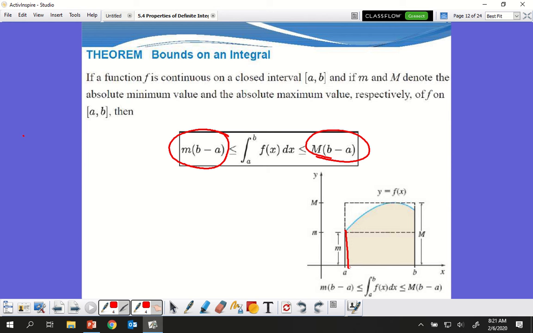So what I would do is, let's say it's this spot right here. It would be f of a, if that's my lowest point right there, times, from a to b, so it's b minus a.